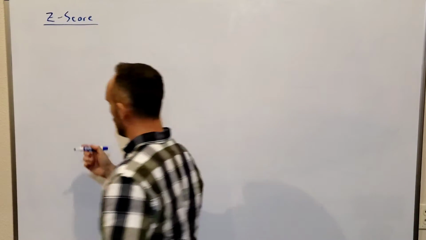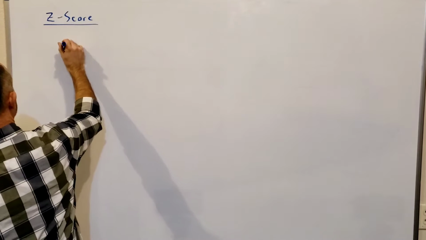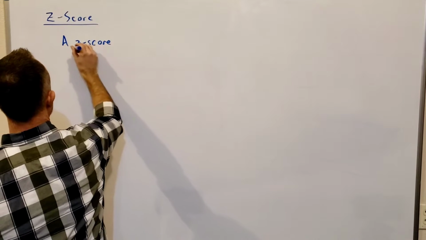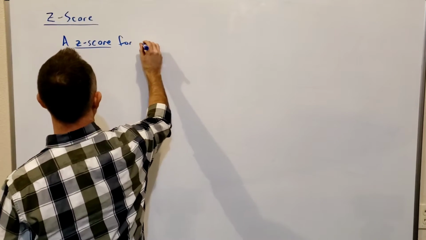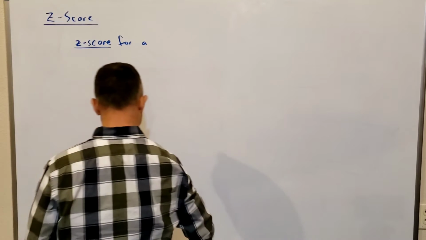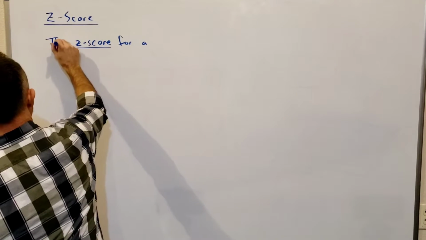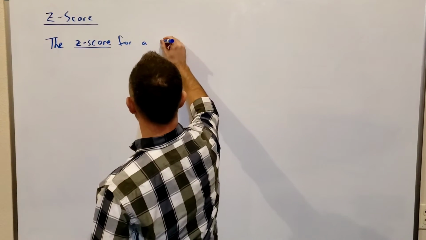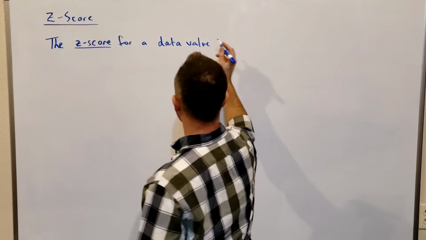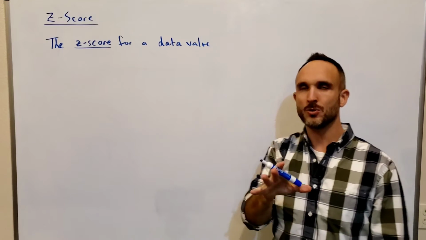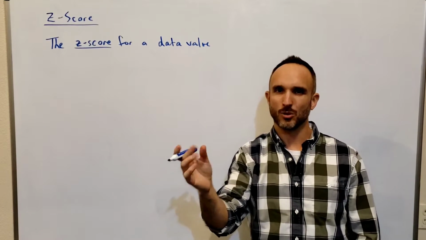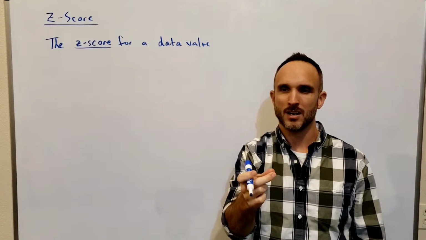So what is a z-score? There's only one z-score for a data value. The z-score for a data value tells you how far the data value is from the mean in a standard way.